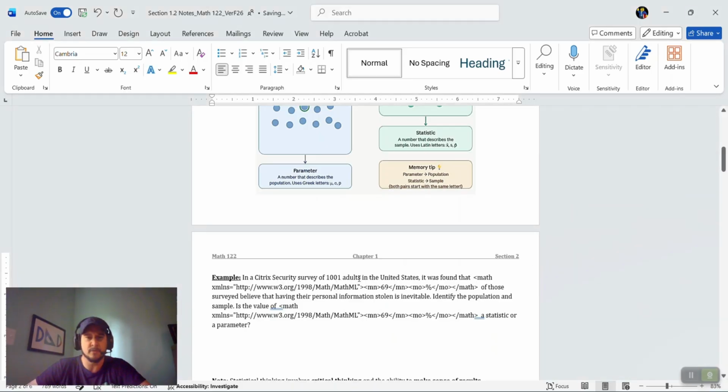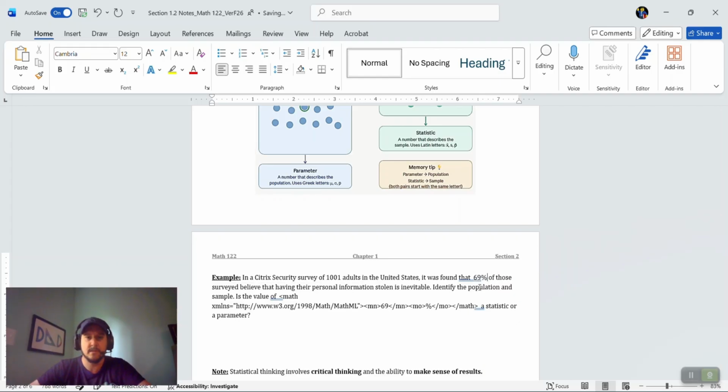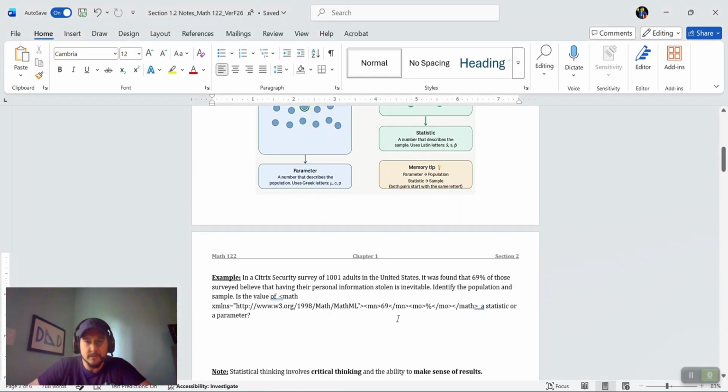Ooh, it's kind of doom and gloomy. Okay, so we'll change that coding to 69%. Identify the population and the sample. Is the value of 69% a statistic or a parameter? All right.